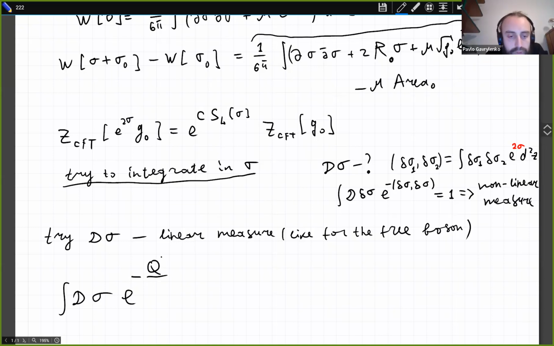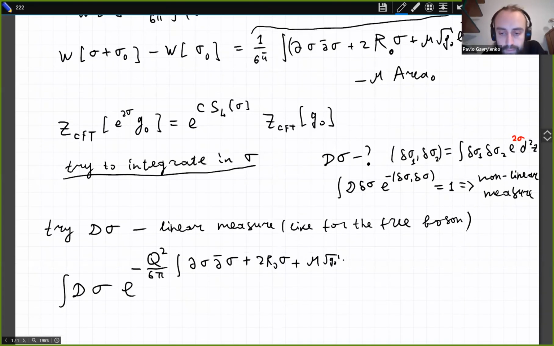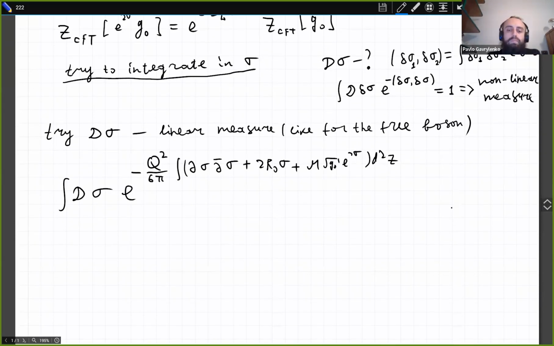Let us denote this coefficient Q squared over 6 pi, times the integral of d sigma d bar sigma plus 2 R0 sigma plus mu, and this partition function will be a function of G0.